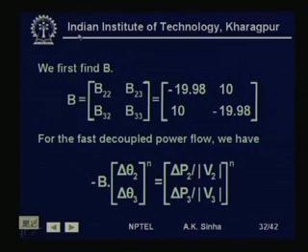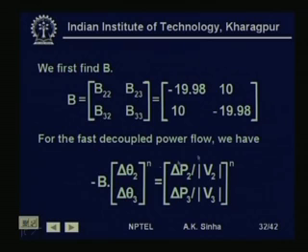Now, we have to find the B matrix. So, the B matrix is B22, B23, B32, B33, because bus 1 is the slack bus. Here we have the values substituted.